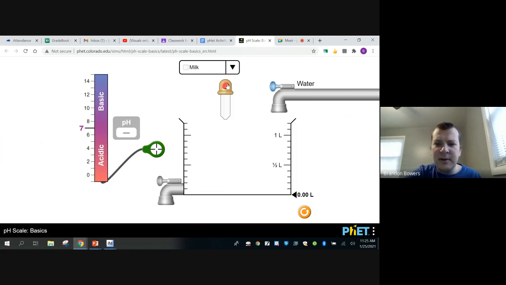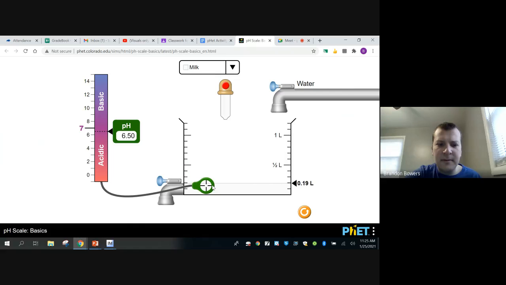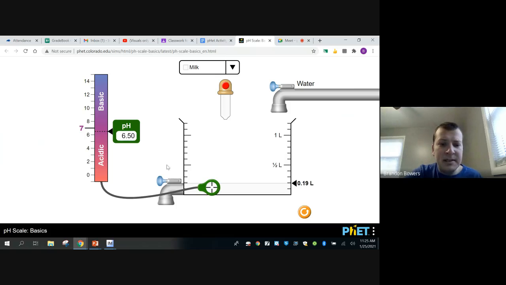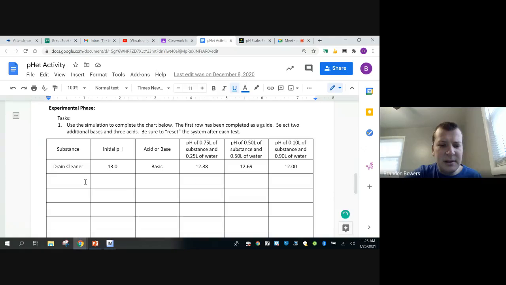I'm going to add milk and test the pH of milk. Milk is an acid, right? Milk has a pH of 6.50. So what you're going to do is type in milk. Initial pH is 6.50, and that makes it an acid.